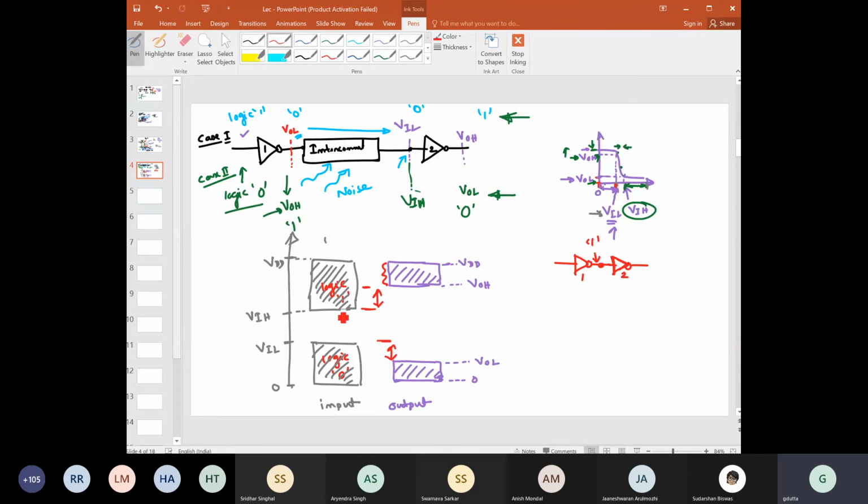That is VIH. So this much noise, VIH minus VOH, can be introduced in this interconnect, but it will not affect the operation of this inverter. So this particular noise is called noise margin.